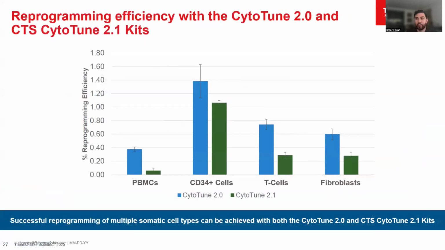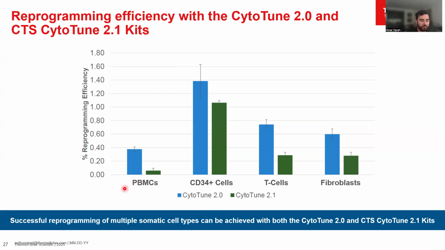And a great point and great transition here. There are a lot of different cell types that both the 2.0 and 2.1 kit can reprogram, right? This is just several of them, including PBMCs, those CD34 positive cells, T cells, or fibroblasts. And you will notice that the 2.1 kit's efficiencies are slightly lower than that of the 2.0 that you see in the blue bars.